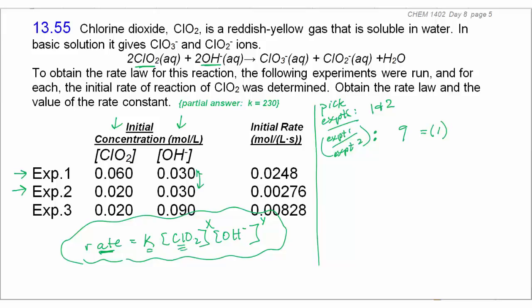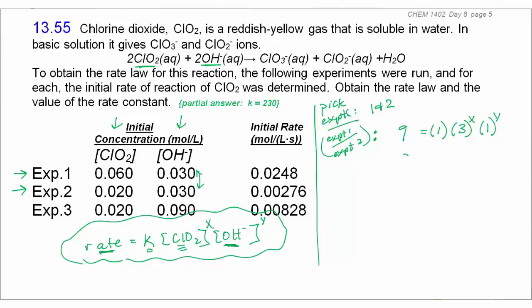Now divide the concentration of chlorine dioxide. 0.06 divided by 0.02, that's 3 raised to the x. And now the concentration of hydroxide, its ratio raised to the y. Hydroxide is 0.03, 0.03, that's 1 raised to the y.